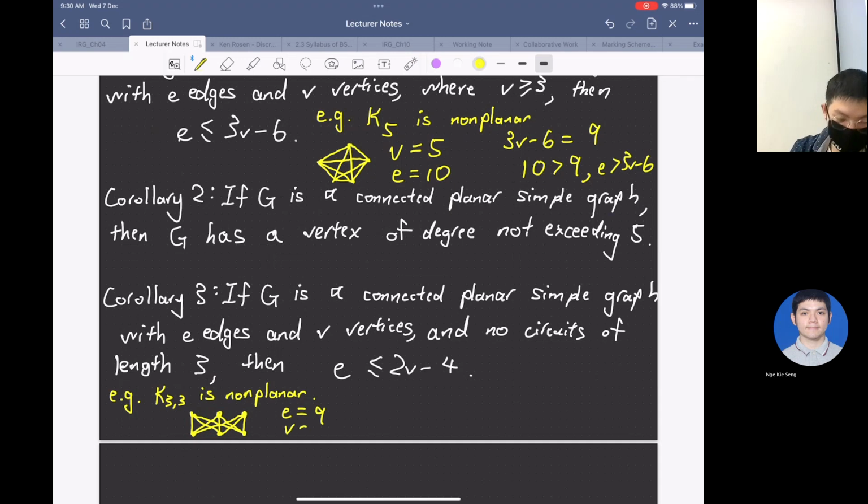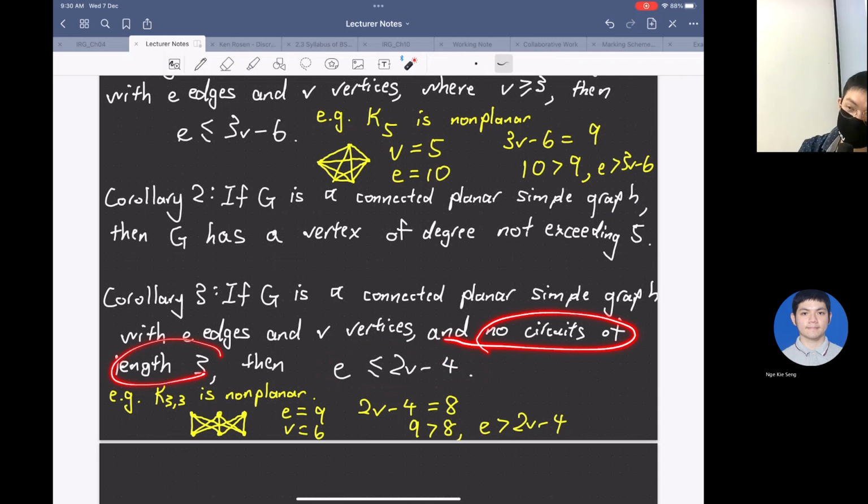How about V? 6. So what's 2V minus 4? 8. But 9 is greater than 8. E is greater than 2V minus 4. So this is false.